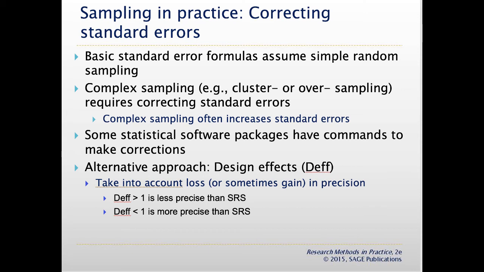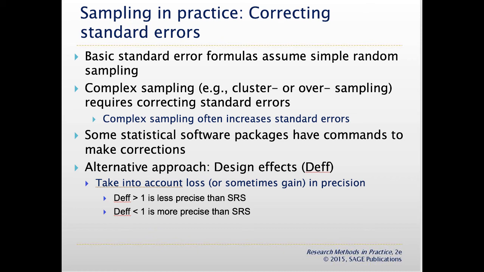A number of statistical software packages have commands to make these corrections. You have to give it the correct complex survey sampling information. Stata does, SAS does, SPSS does not. An alternative approach, if you don't have that, is something called design effects.